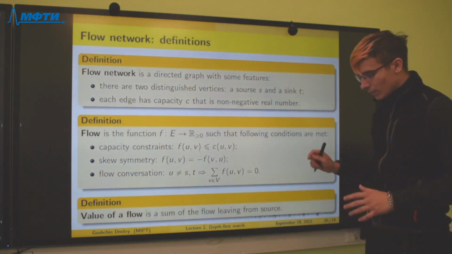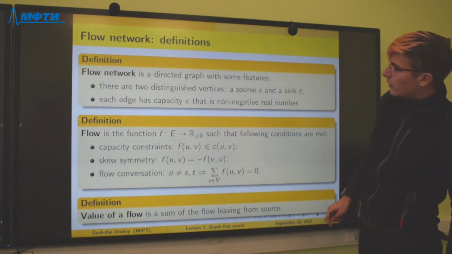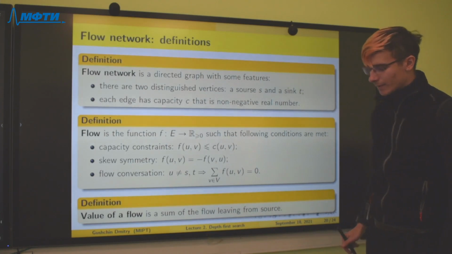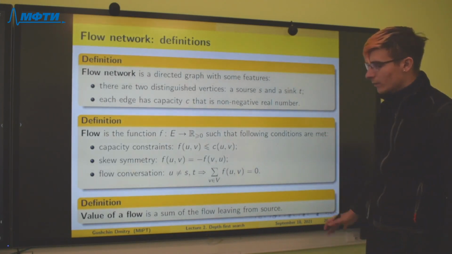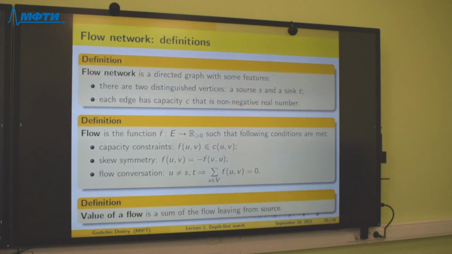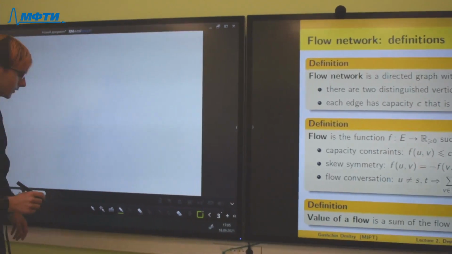There is another class of graphs that we need to explore. I can draw an example of a flow network to understand the definitions.